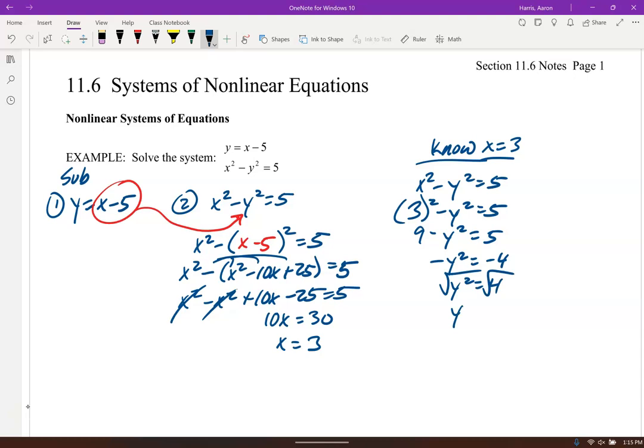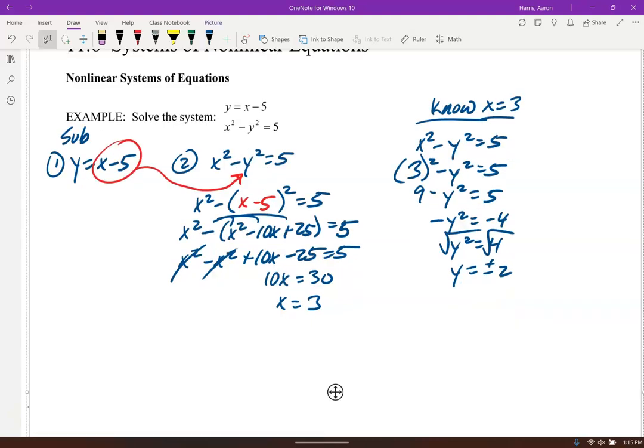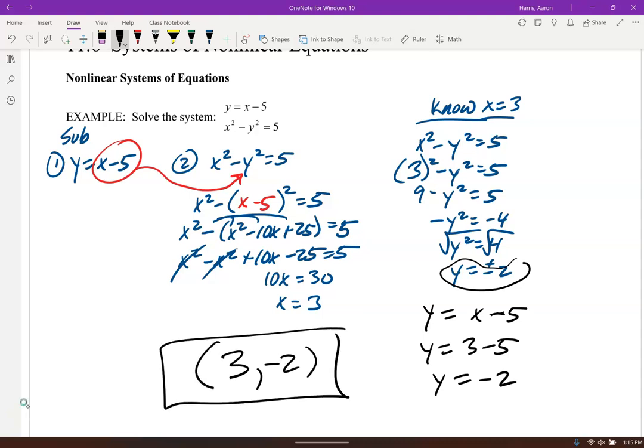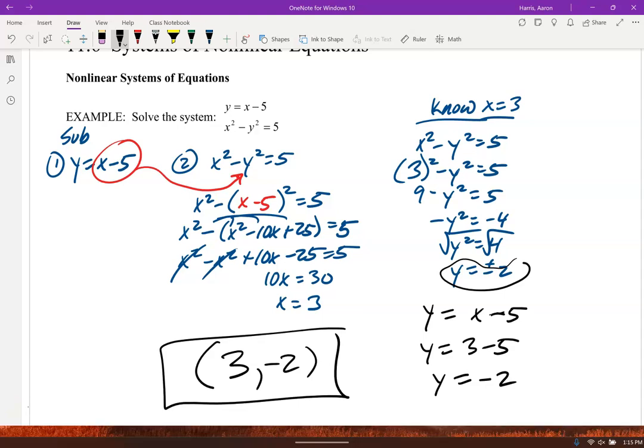See how it spits out both plus and minus 2? But it's got to satisfy both. If I used x minus 5 instead and plugged the x in, it only spits out negative 2. So I can only go with the negative 2. When x is 3, y is negative 2. That's the only point that satisfies both equations for that line and the hyperbola.